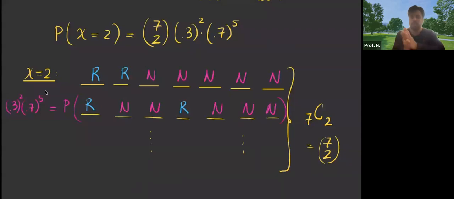So every binomial random variable has this form of the probability mass function, consisting of a number of trials occurring independently of one another, where each trial has 2 outcomes. We have a structure like this: 7 choose 2 times 0.3 squared times 0.7 to the 5th power.